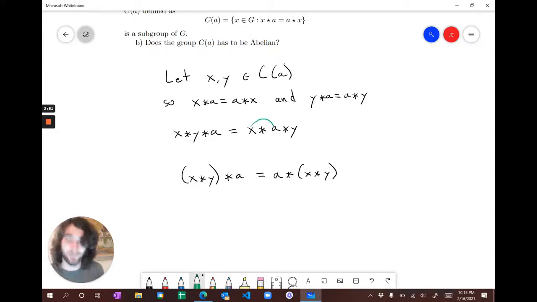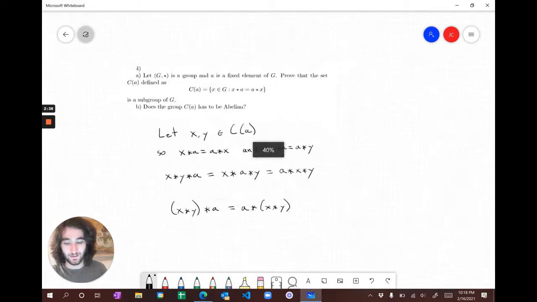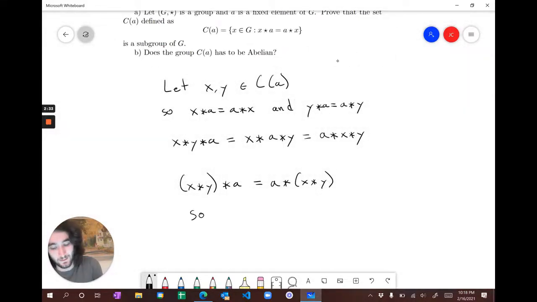X is in the centralizer, so I can just swap those. Aha, look at that. So it turns out that X star Y also commutes with A, which is exactly what it means for X star Y to be in the centralizer of A. So we picked any two random elements of the centralizer, and it turns out their product is also in the centralizer, so that means it's closed.